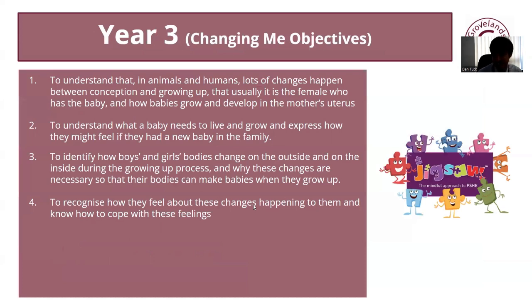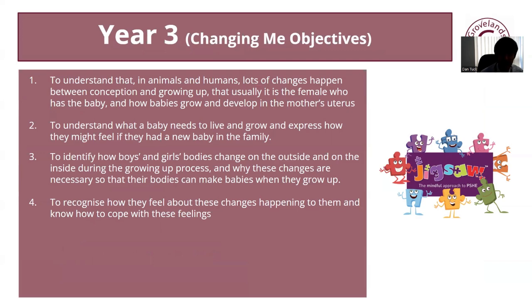Here are the objectives for year 3. So this is what they learn in year 3. They learn that animals and humans, as they grow, change, that lots of changes happen between conception and growing up. They learn that it's usually the female who has the baby, and they learn how babies grow and develop whilst they're in their mother's uterus. They learn about what babies need to live and grow, and they think about how they might feel if they had a new baby in the family.